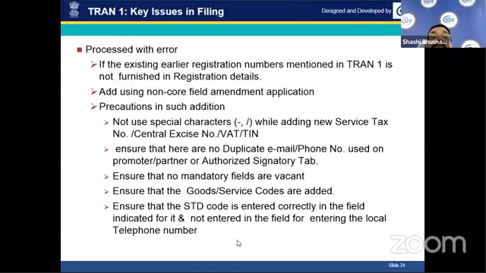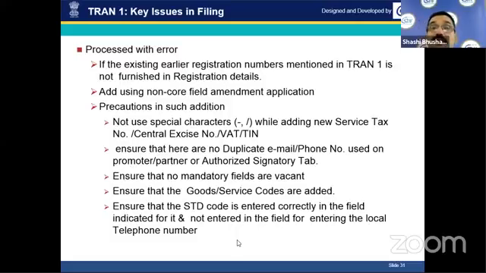Now, one problem which has often been reported is that taxpayers are unable to claim credit on certain invoices or line items or earlier registration numbers because they were processed with error. Now, this happens because one validation which we have put is that when you mention a registration number of an earlier law against which you are claiming credit, that registration number should also be there in your registration application.